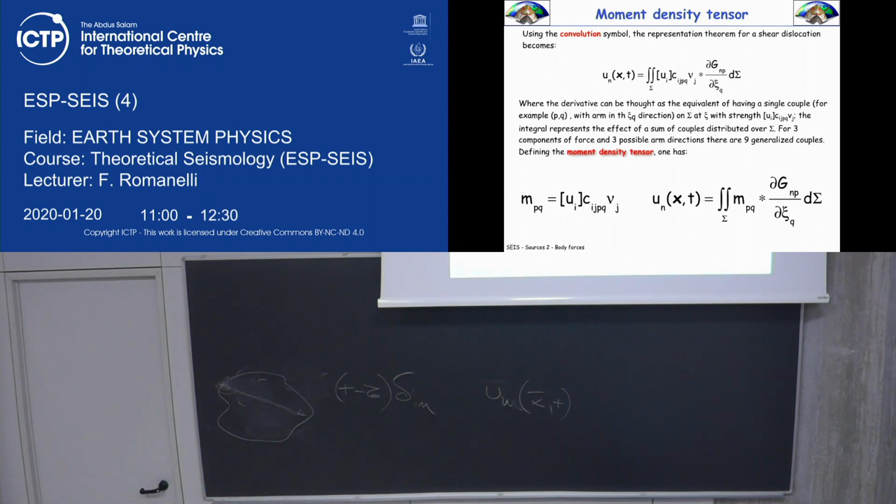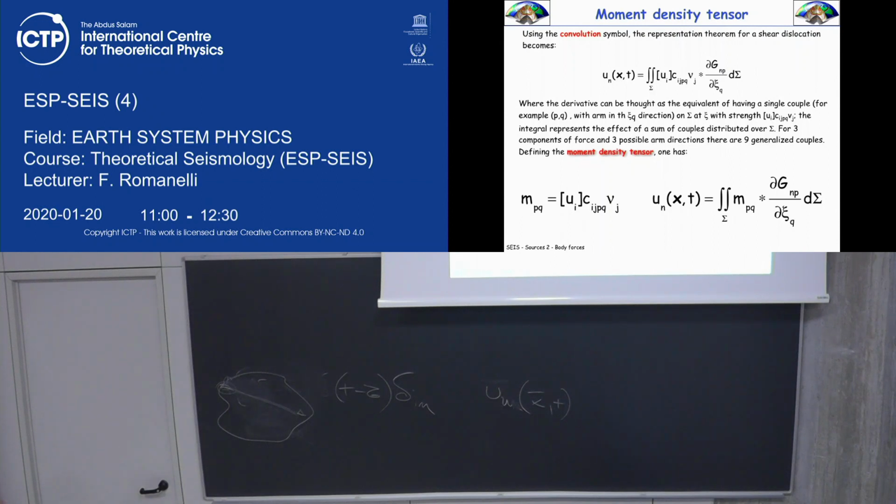If I get your point, and it is a good point, remember that displacement is discontinuous here, but not the Green's function. So the Green's function is continuous everywhere in the medium. So the derivative, I think you're referring to this one, okay, is applied to a quantity that has no discontinuities inside the body, because the Green's function is well defined.